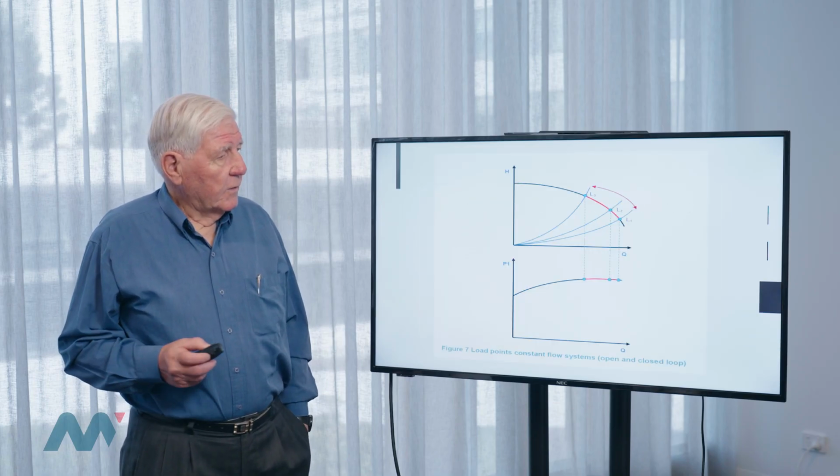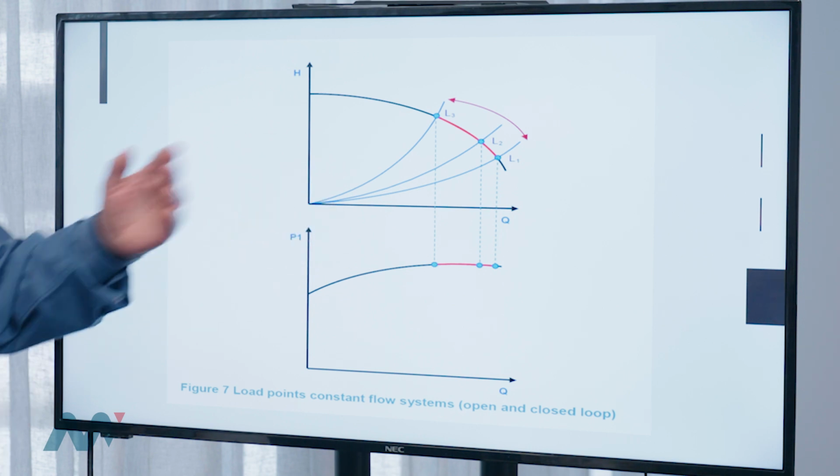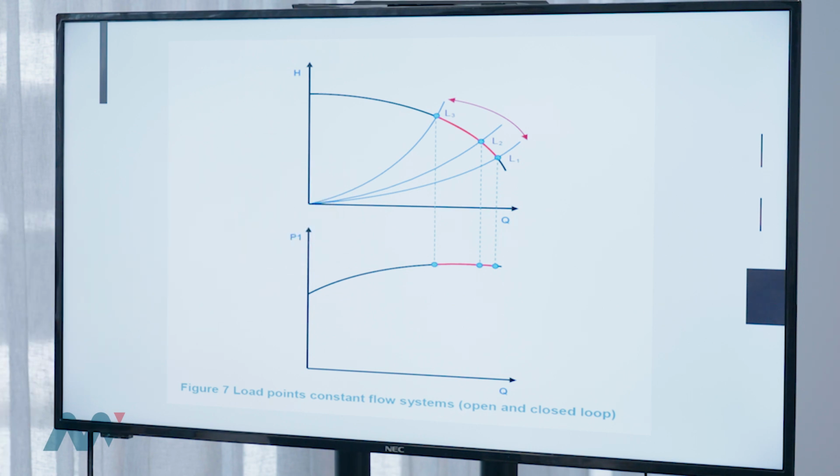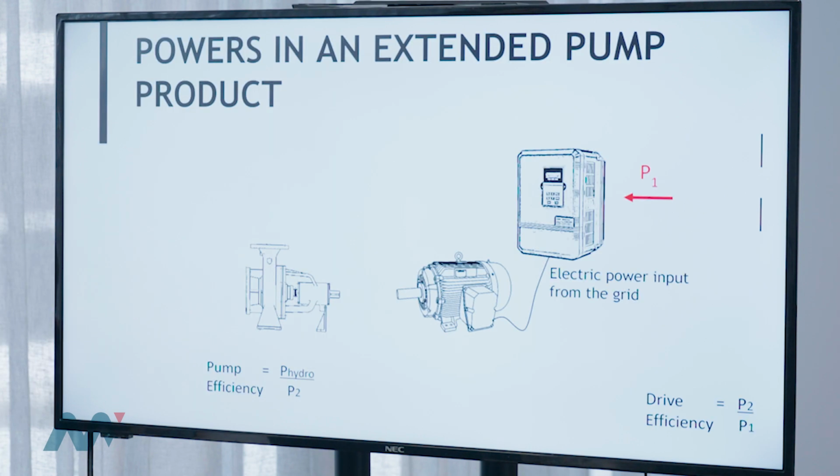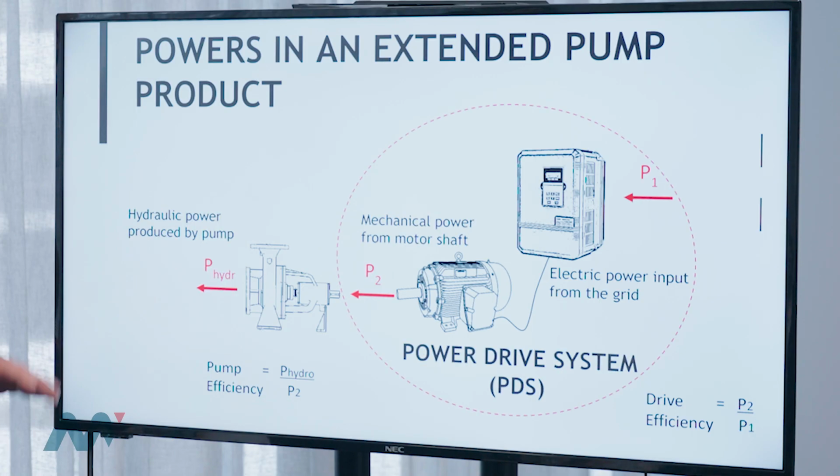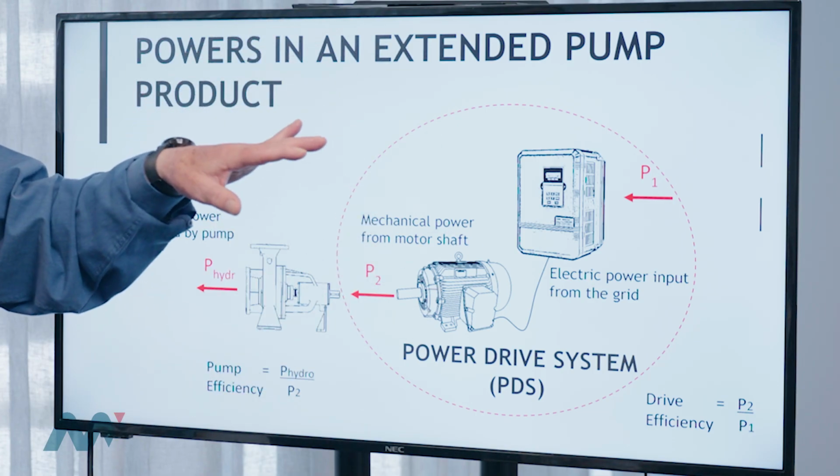And again, you've got the various approaches. This is for throttling control. And then finally, we're going to look at the various components of the extended product approach. And this whole thing is the subject of investigation.